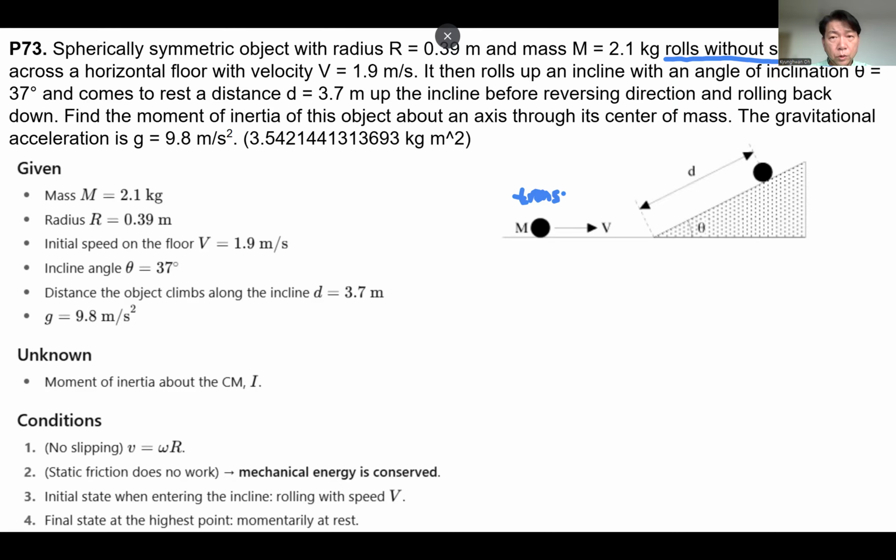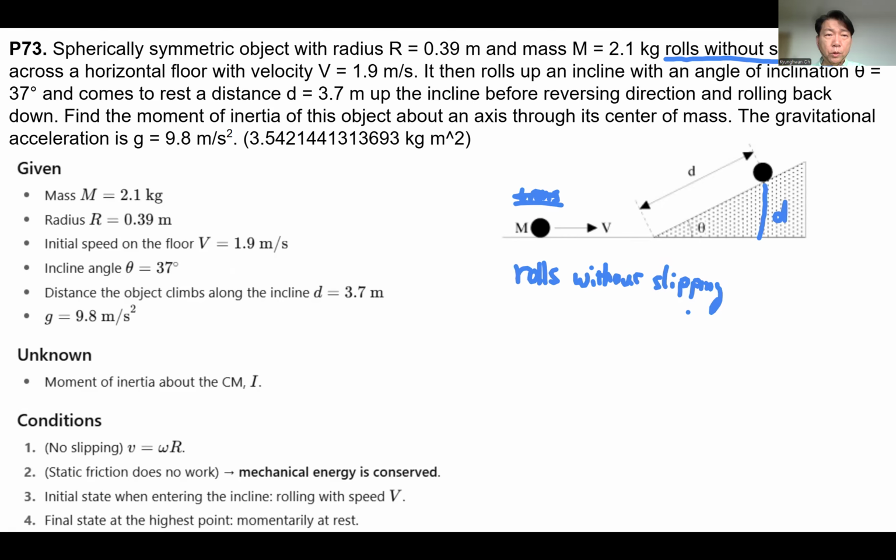It says that it rolls without slipping, and keeps on rolling up an angle, and then it stops at the D.